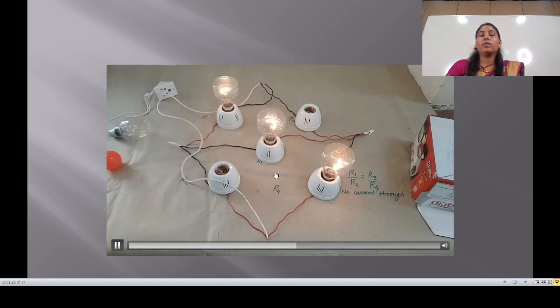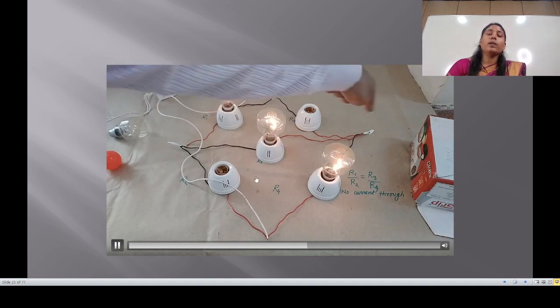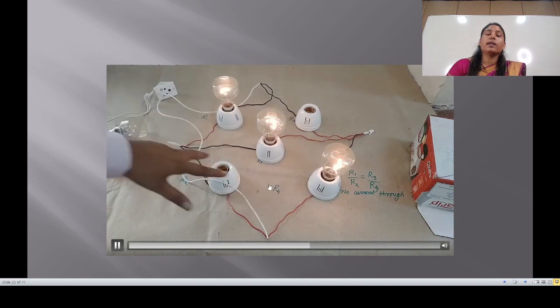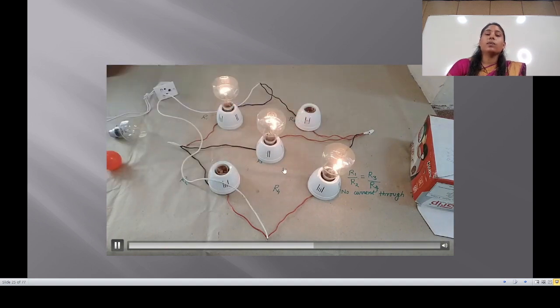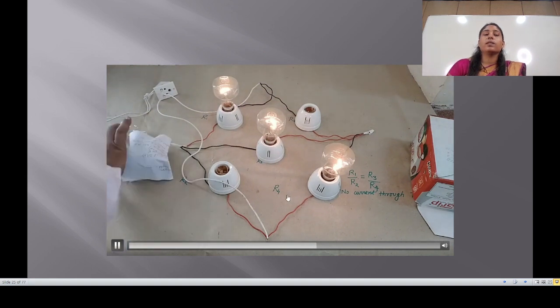If we take off the 100 watt bulbs, then current is flowing through the circuit, so all bulbs are glowing. That means when we take two bulbs from that arrangement outside, then current is flowing through the middle, so all bulbs are glowing. This is shown in the figure.